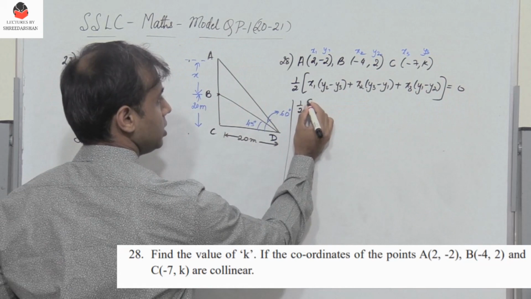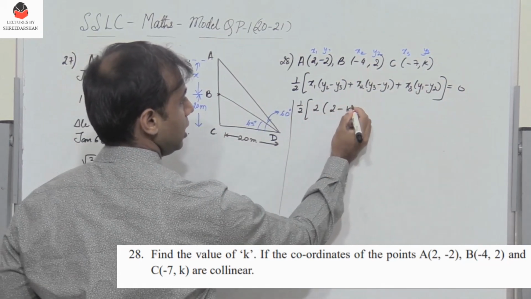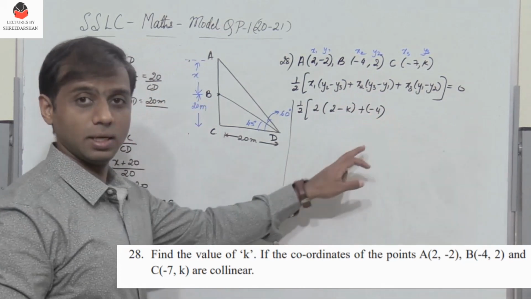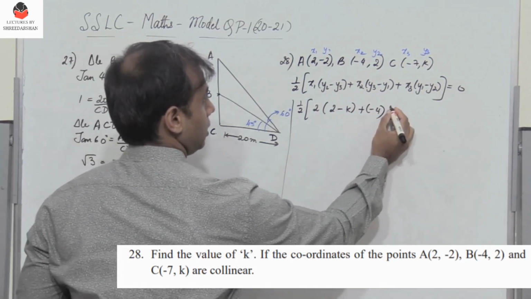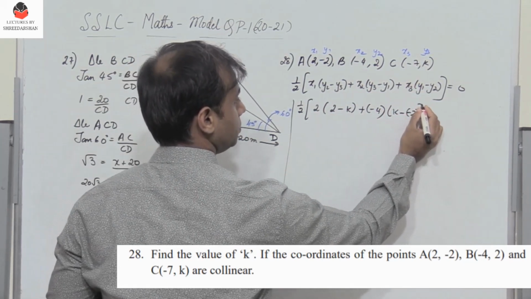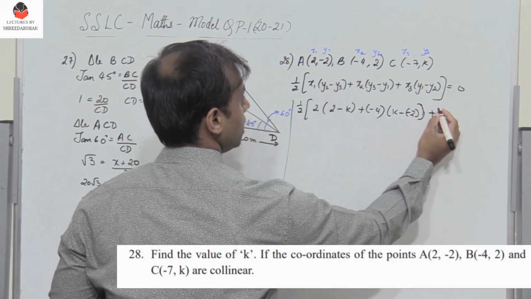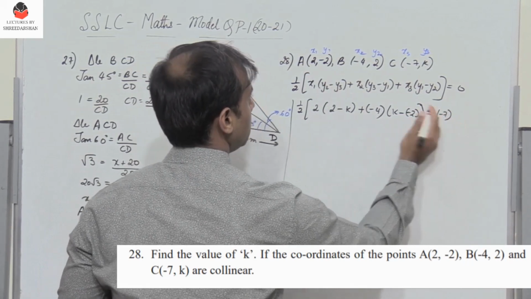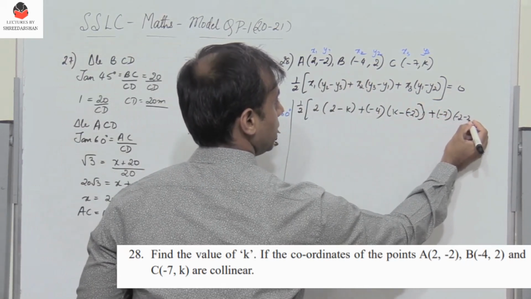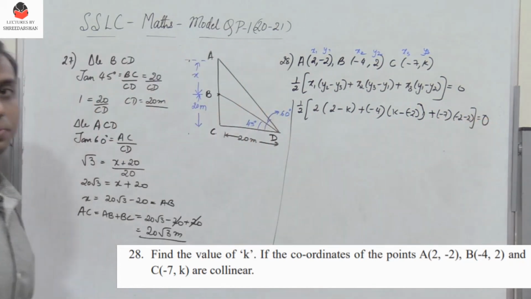So I have half into x1, which is 2, into y2 minus y3, which is 2 minus k, plus x2, which is minus 4, brackets have to be put, and then y3 minus y1, which is k minus of minus 2. Then you have plus x3, which is minus 7, and then you have y1 minus y2, which is minus 2, and this should be equal to 0.